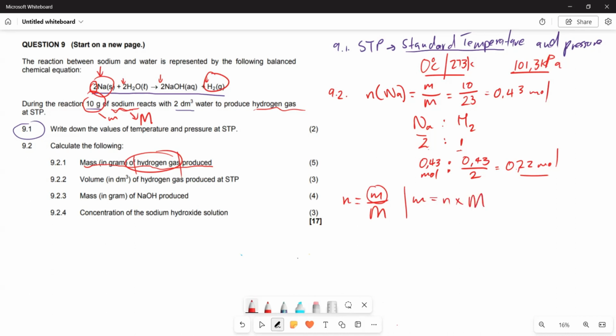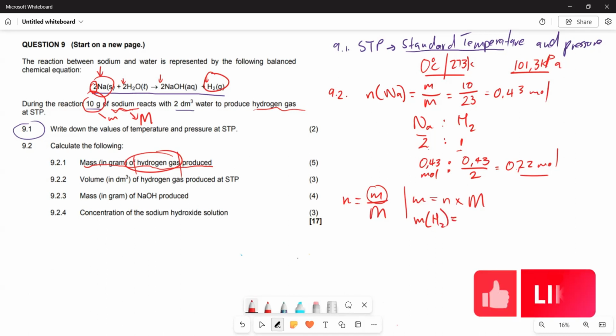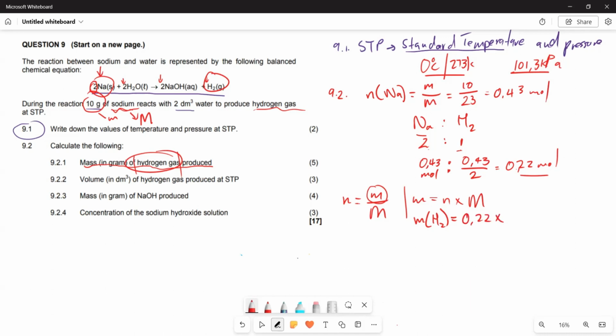Isn't it so? And now let's see. So we are saying now your mass of your hydrogen gas is going to be given by its mole, and its mole is 0.22 multiplied by the molar mass. It's going to be 2. Remember, the mass is 1 and the subscript is 2, so this is going to be 2. Are we together?